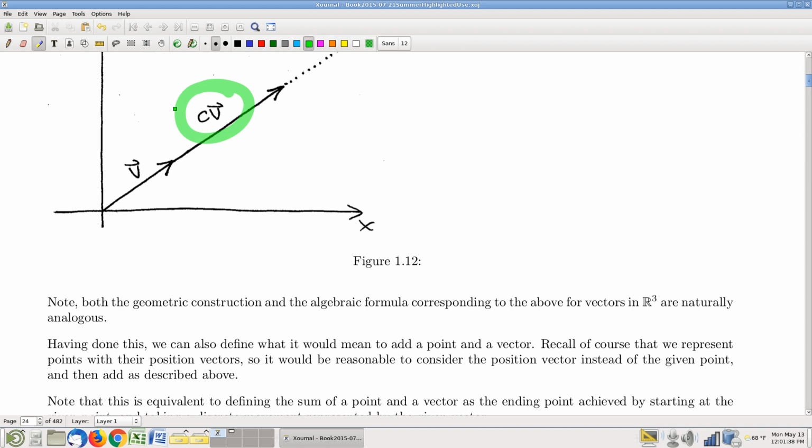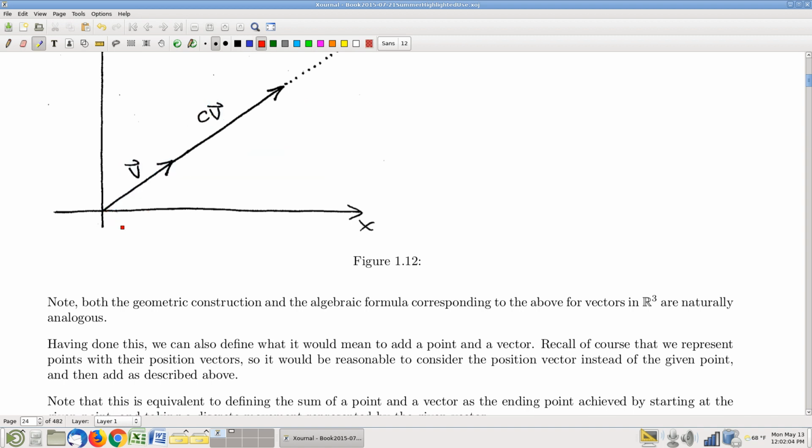If that vector represented a displacement, multiplying by a scalar means keep walking, C times as far. That seems like a very reasonable definition. If you want to multiply the vector v times a scalar c, then just keep going in that same direction by a greater distance.